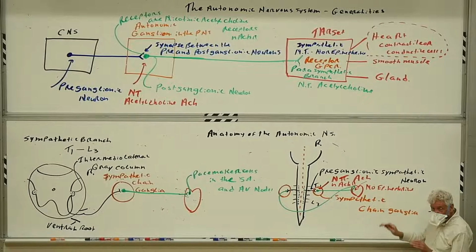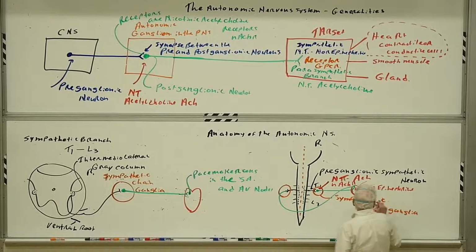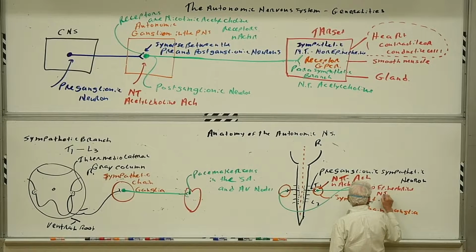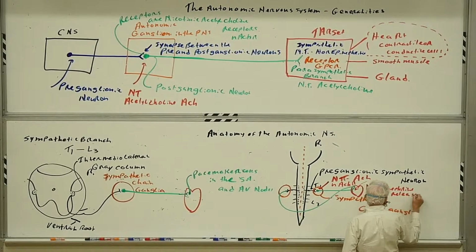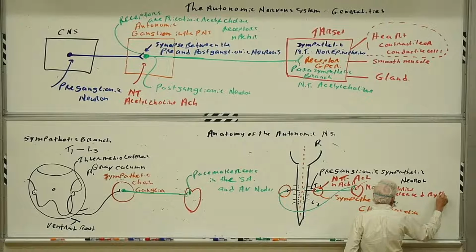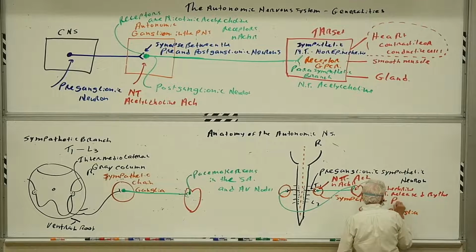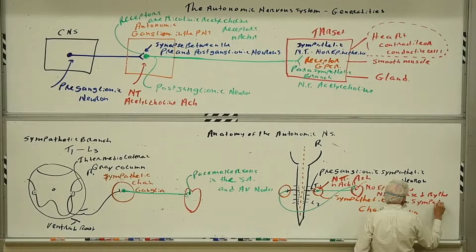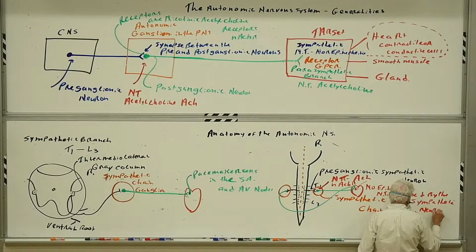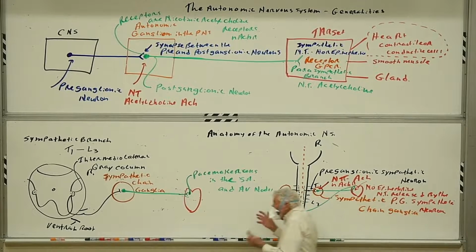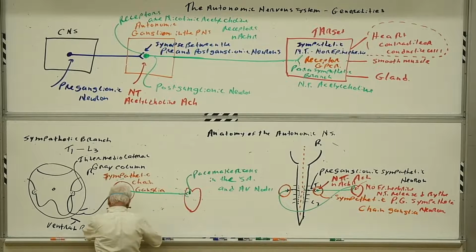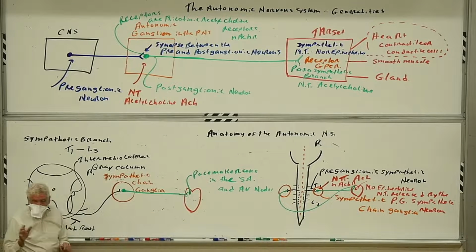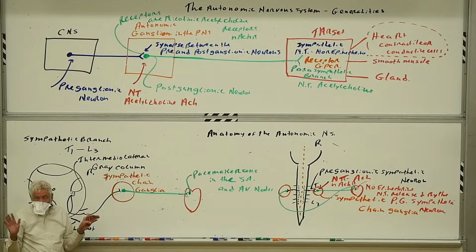The same molecules, just different names. The norepinephrine is now going to be the neurotransmitter released by the postganglionic sympathetic neuron. So that's basically the outline of the sympathetic branch. Any questions on that?